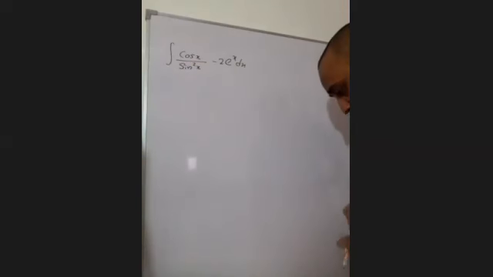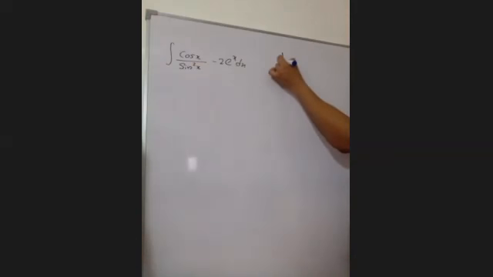If you differentiate sec x, what is the answer? The differentiation of sec x is sec x tan x. Then if you integrate both sides, integration and differentiation cancel. Integration of sec x tan x becomes sec x.